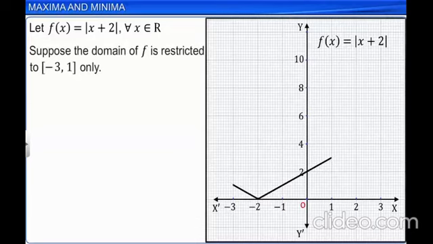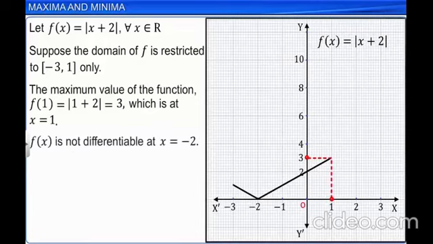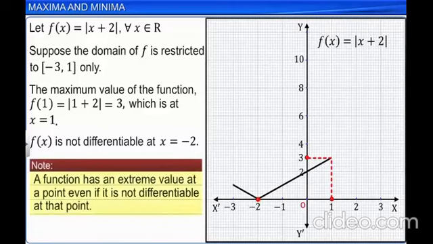In this case, the maximum value of the function is 3, which is at x equal to 1. If you notice, you will observe that the function is not differentiable at x equal to -2. This shows that a function has an extreme value at a point even if it is not differentiable at that point.